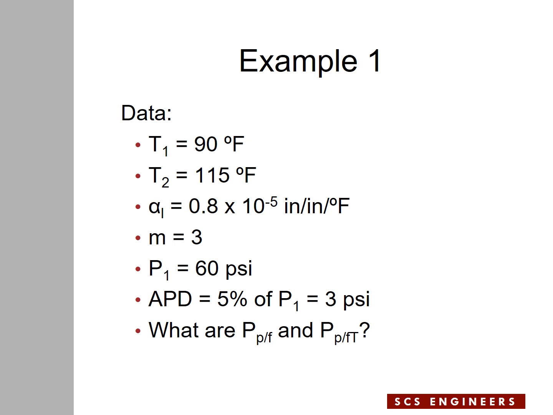Alpha L is provided, M equals 3 is provided, and initial pressure P1 of 60 psi is also provided. The allowable pressure drop APD is set at 5% of P1, which equals 3 psi. And the question is, what are the values of the pass-fail pressure without considering temperature and the pass-fail pressure considering temperature?